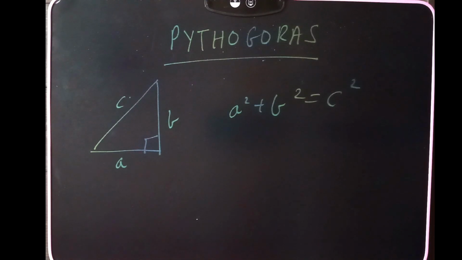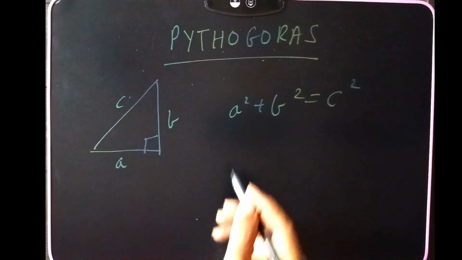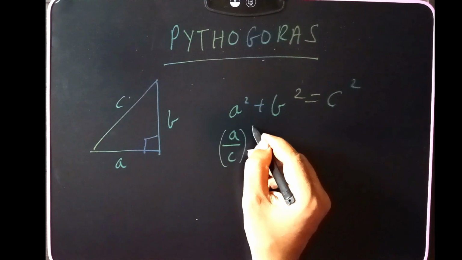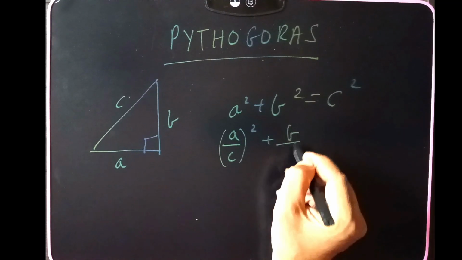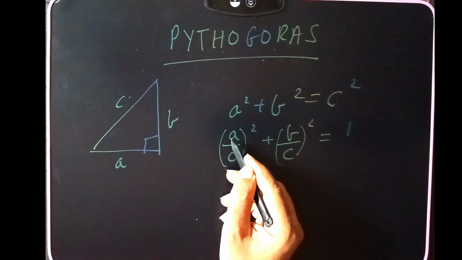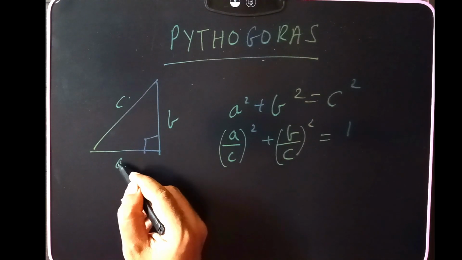So from Pythagoras theorem, a very interesting relationship can be derived. So you can say a by c the whole square plus b by c the whole square is equal to 1. And a by c is what?